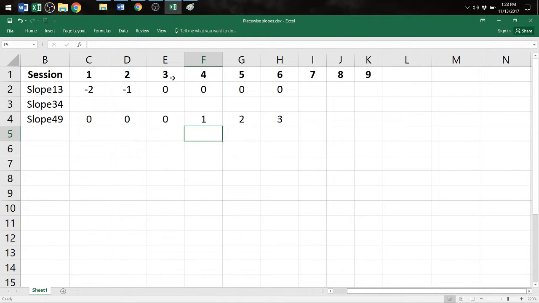If I still want my intercept at 3, I know I need a 0 here. Likewise, if this jump characterizes the difference between 3 and 4, what goes in at time 1 and 2? 0. Good. Do I need to do anything different for slope 4, 9? No, it's not awake yet. It's still sleeping. Likewise, if this is to capture the rate of change between 1 and 3, it's still done out here.